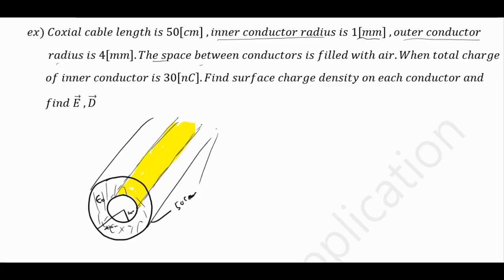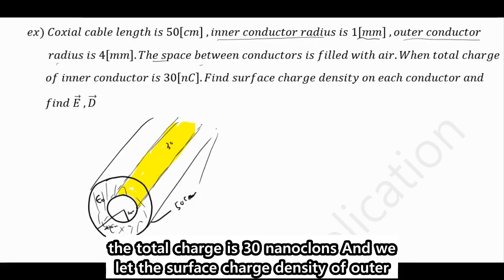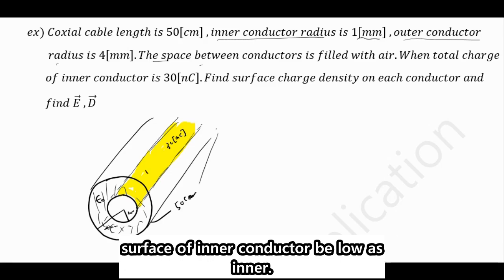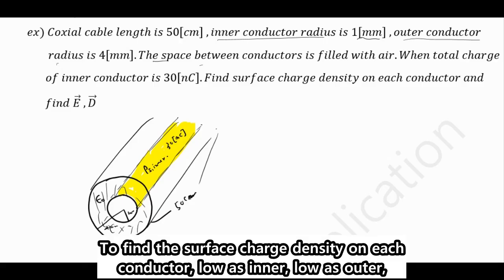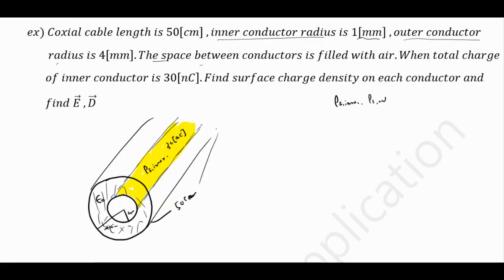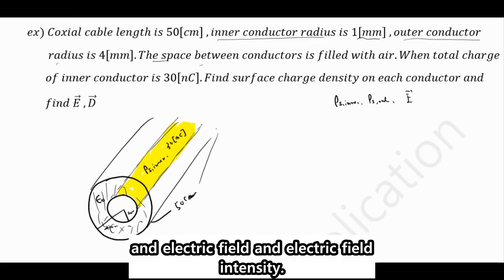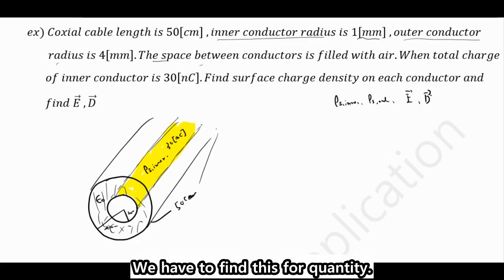The total charge is 30 nanocoulomb, and we let the surface charge density of the outer surface of the inner conductor be rho s inner. So find the surface charge density on each conductor, rho s inner and rho s outer, and the electric field intensity. We have to find these four quantities.